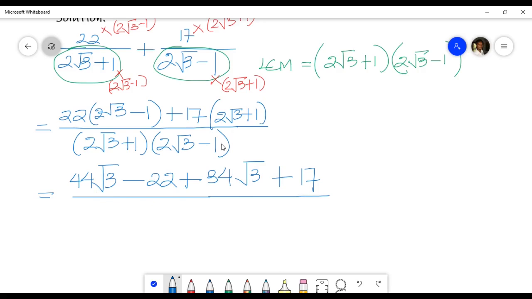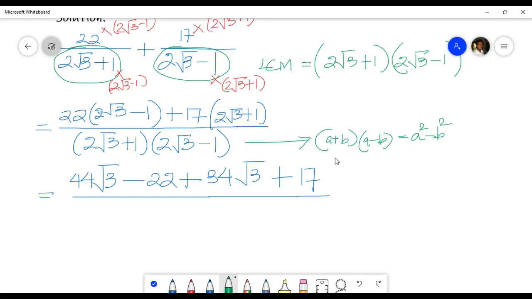Now can you see that this is in the form of a plus b into a minus b. I hope you remember the expression for this. A plus b into a minus b is equal to a square minus b square. Quite simple.